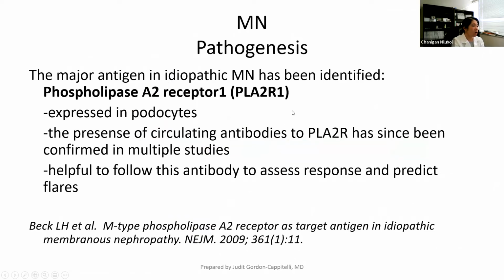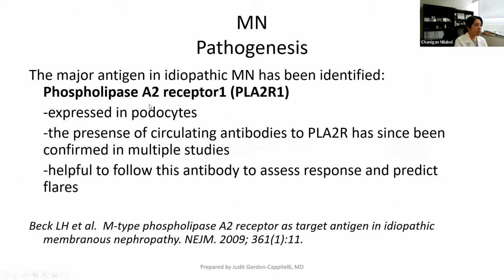Now you may also have seen the recent literature about the phospholipase A2 receptor antibody that has been identified as a pretty useful tool to diagnose primary membranous nephropathy.